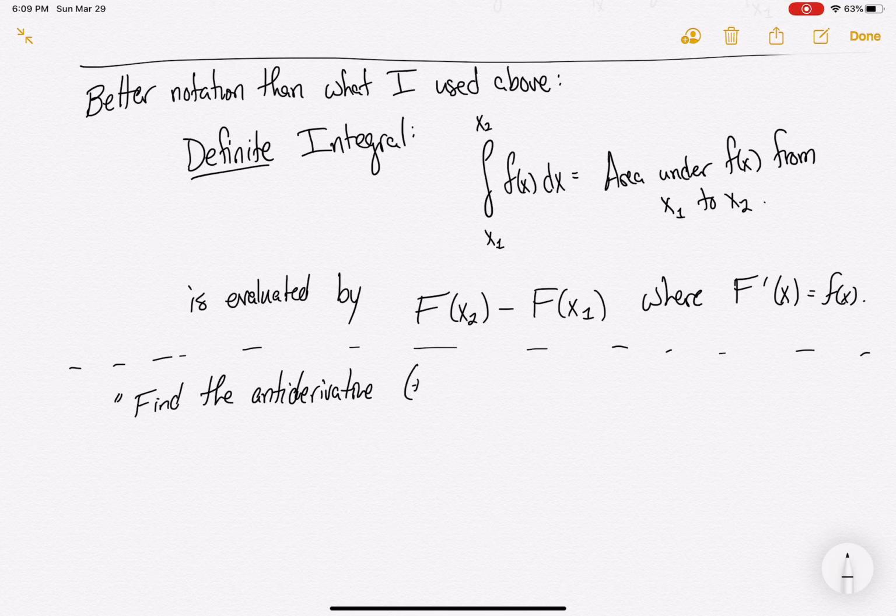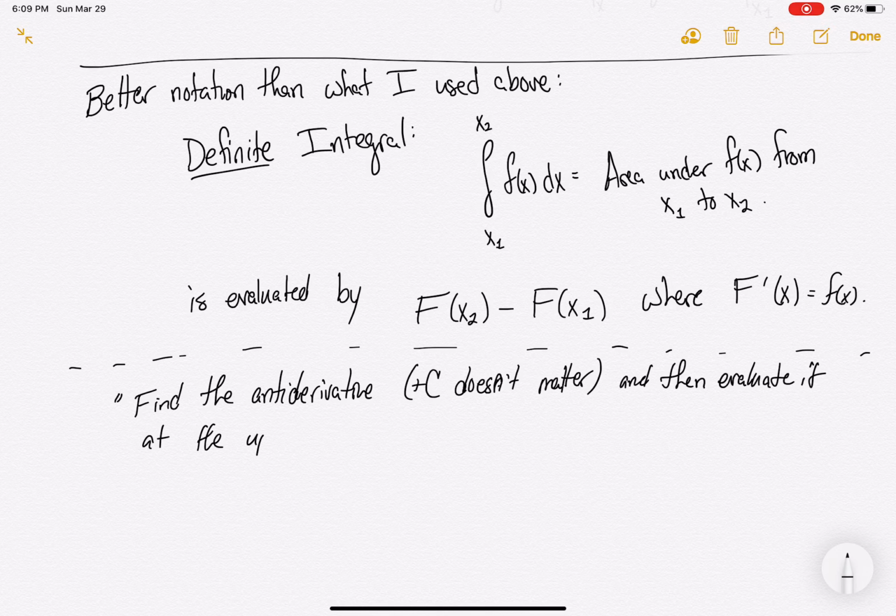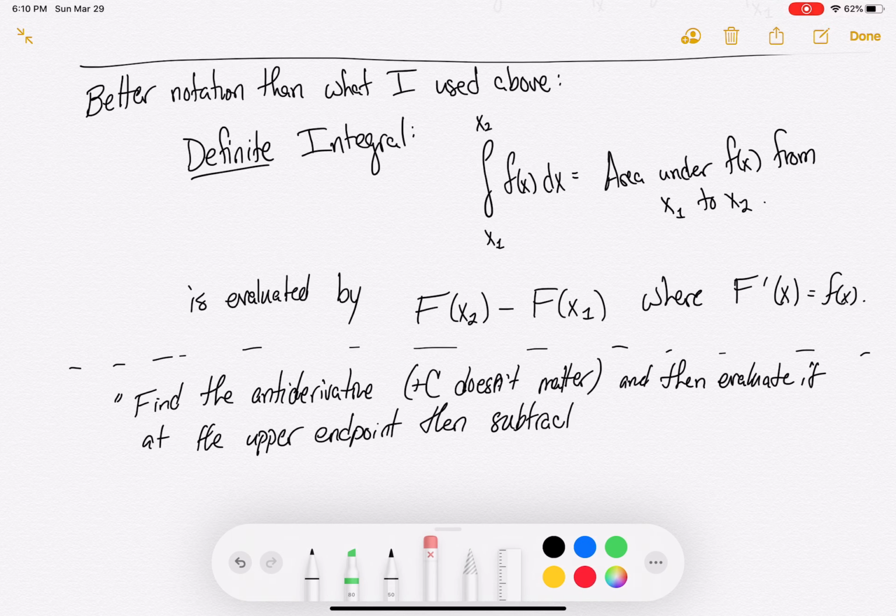And in this case, plus c doesn't matter anymore. I'll show you why in a bit. You find the antiderivative, plus c doesn't matter, and then evaluate it at the upper endpoint. Then subtract it evaluated at the lower endpoint.